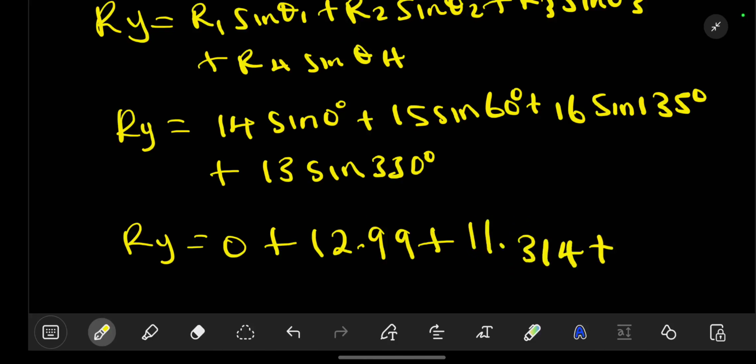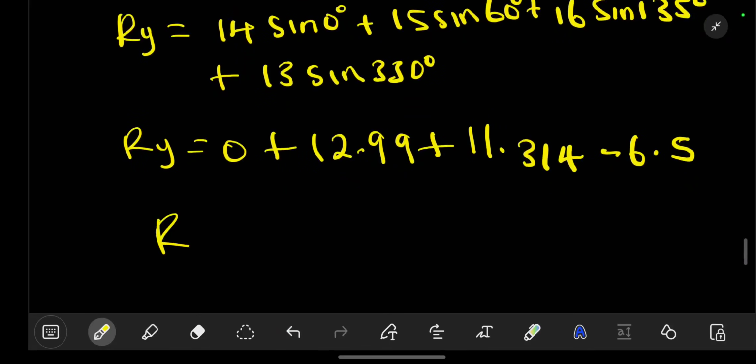Then plus our 13 sine of 330, which gives us a negative 6.5. So our Ry in this case will be 12.99 plus 11.314 minus 6.5, which gives us 17.804.